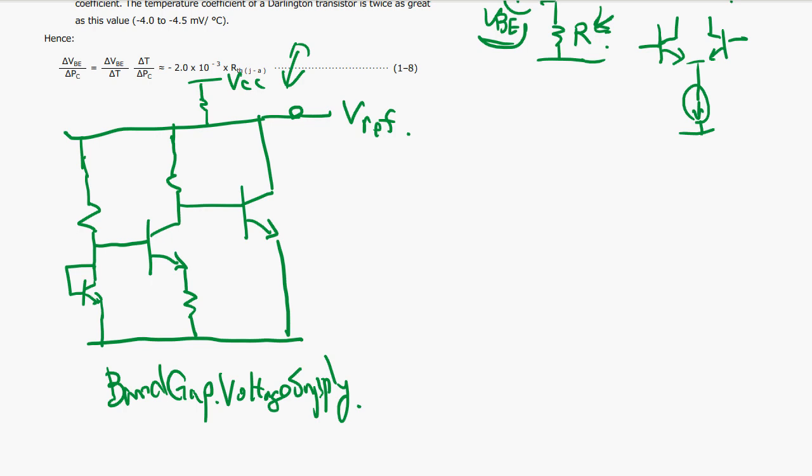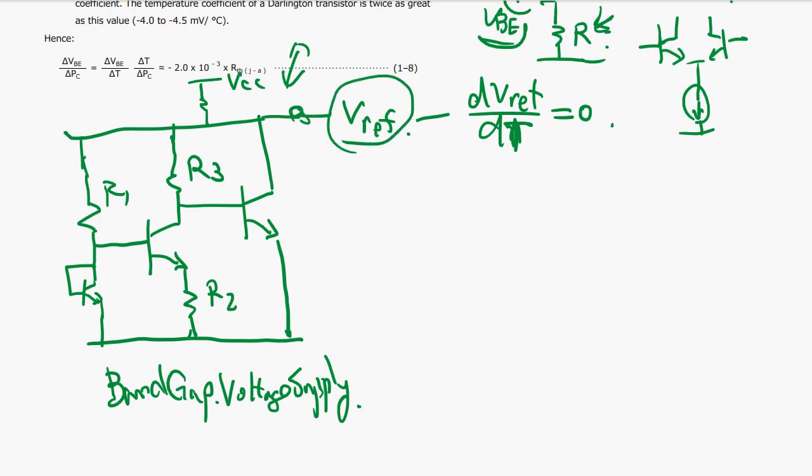Also, if you adjust these parameters correctly, R1, R2, R3, and the size of the transistor, then we can make it temperature compensated. So this circuit is used all over in every analog IC chip and also some digital circuits.